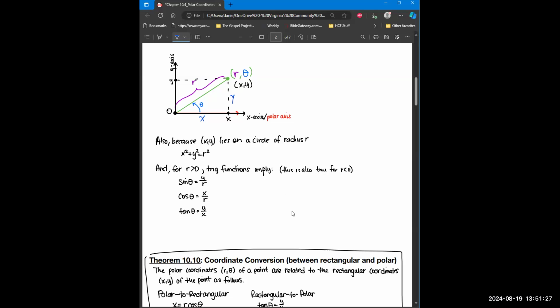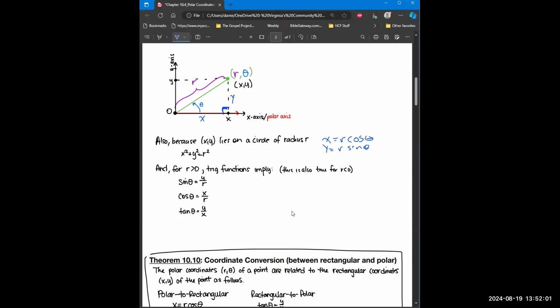Because this is a right angle here, the Pythagorean theorem comes into play: x squared plus y squared equals r squared. And you know that this Pythagorean theorem is where Pythagorean identities from trigonometry came from by doing these replacements here. The x was equal to r cosine of theta, and y is equal to r sine of theta. Those are important ones there.